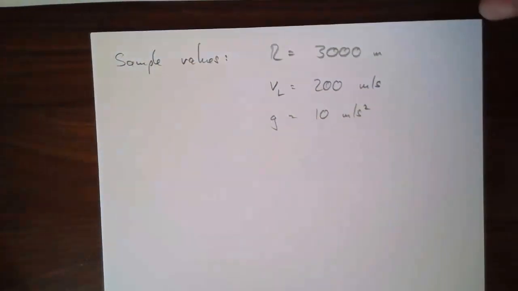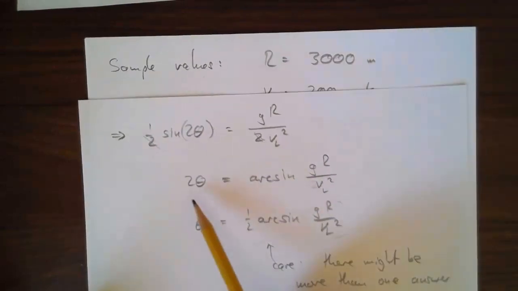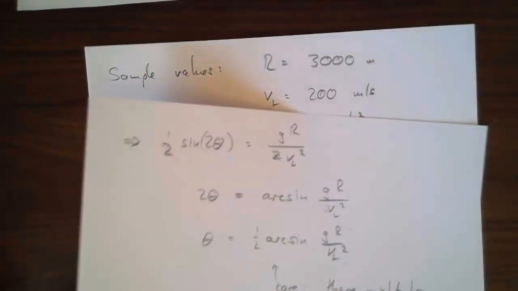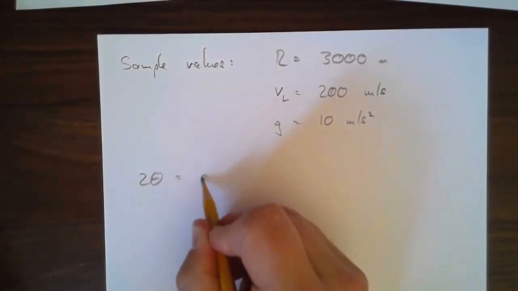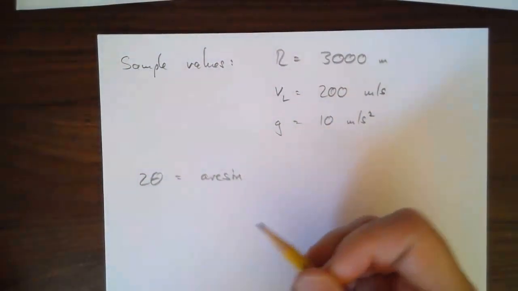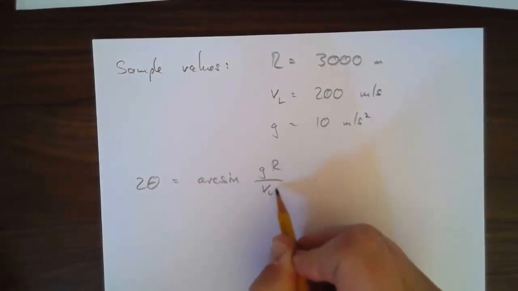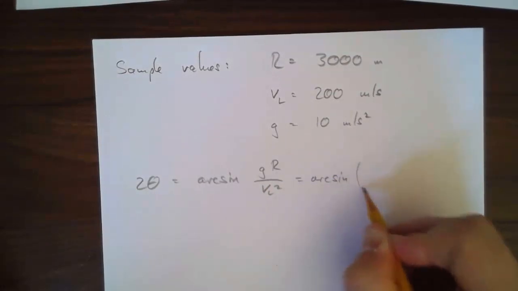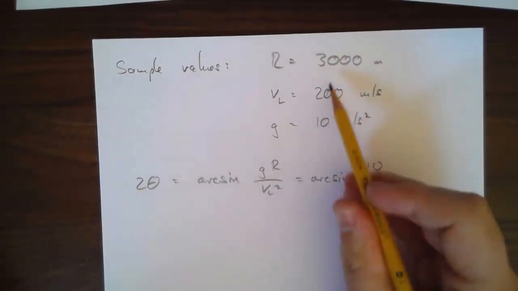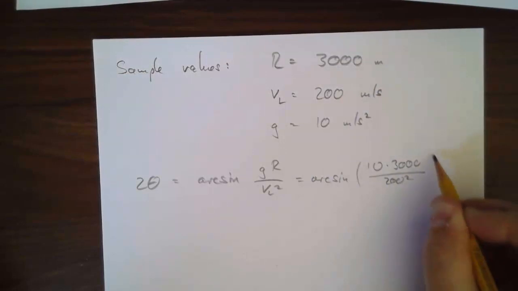So let's figure out then what our answer is. The answer we had, right, was this one here. So 2 theta, I want to find theta, right? 2 theta is arc sine of g r divided by v squared, which in our case is going to be the arc sine of 10 times 3000 divided by 200 squared.